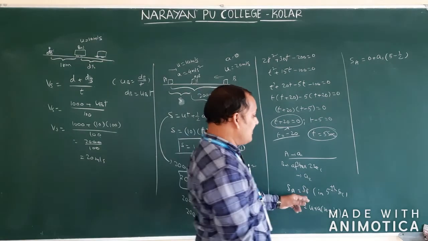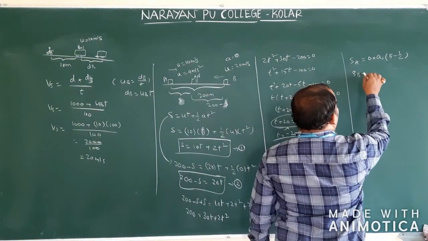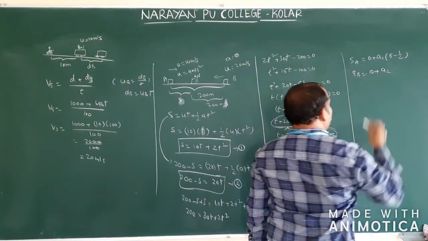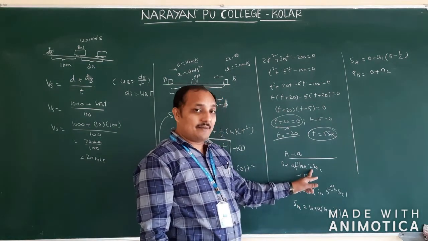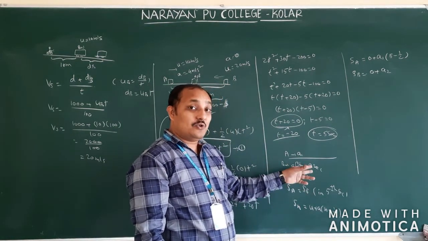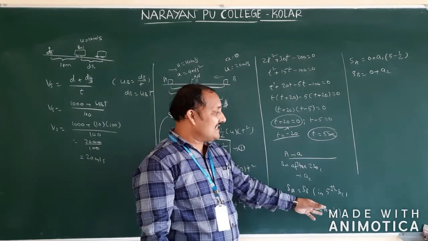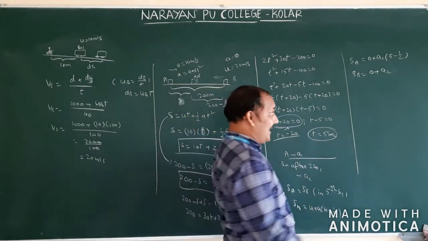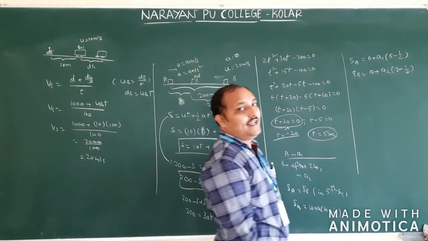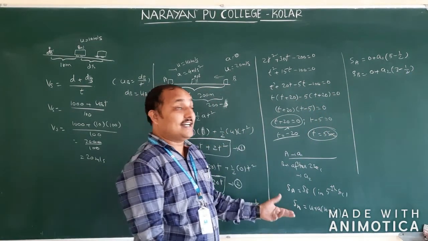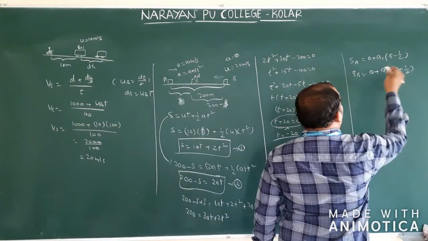Now distance covered by B, SB is equal to 0 plus, it is moving with acceleration a2. B started after what time? 2 seconds. Now time difference how much? 2 seconds. So A is in 5th second means, so B, which time we shall take? Difference should be 2. Therefore 5 minus 3, so difference is 2, therefore in 3rd second. That is nothing but 3 minus 1 by 2.